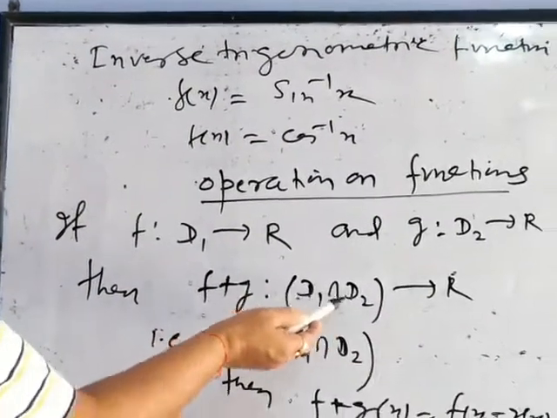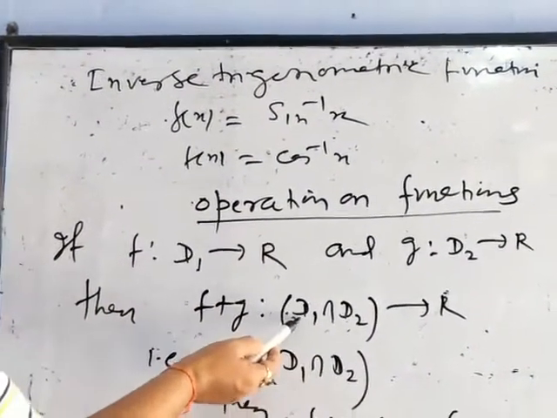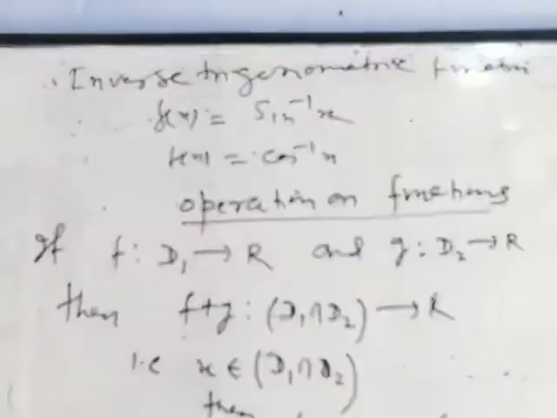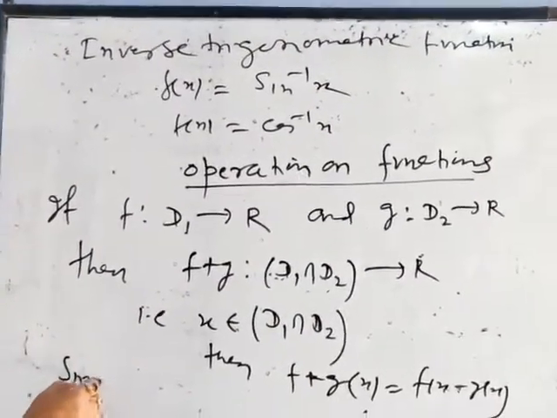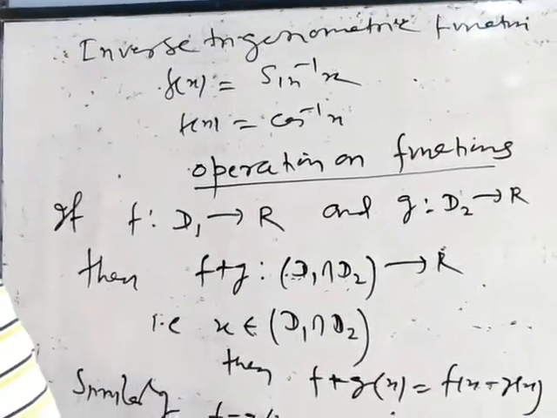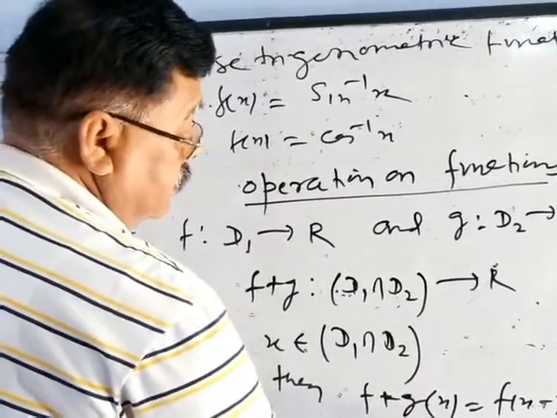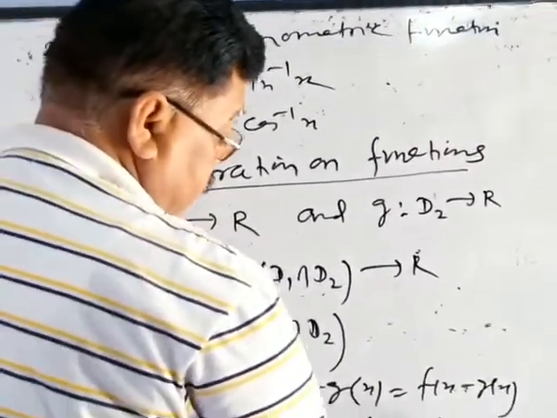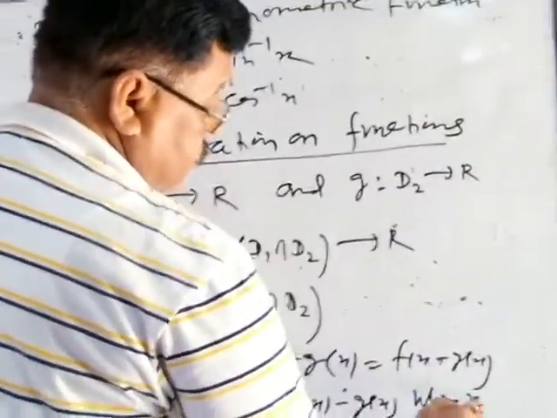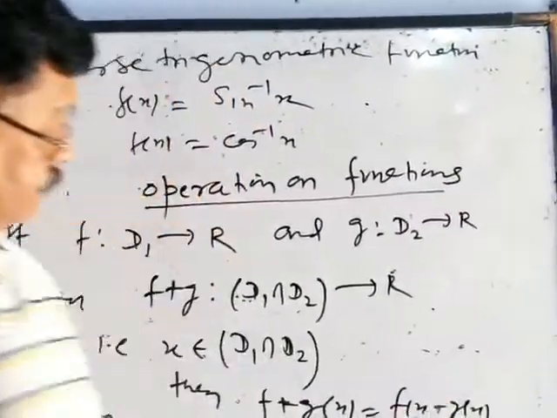Only for common elements of the domain it is valid, D1 intersection D2. Similarly, (f minus g)(x) is equal to f(x) minus g(x), where x belongs to D1 intersection D2.